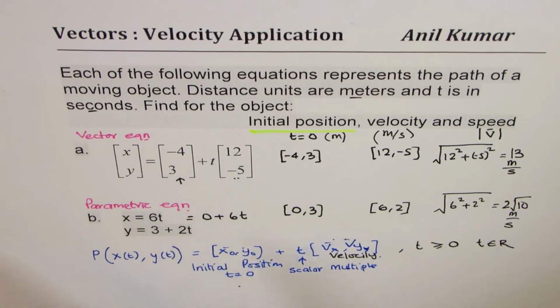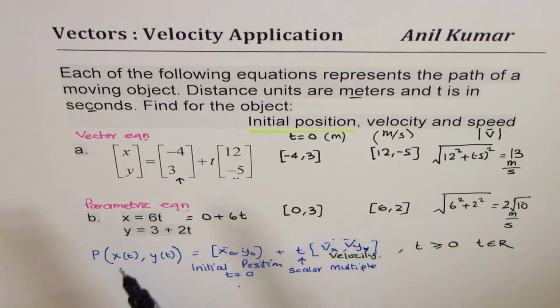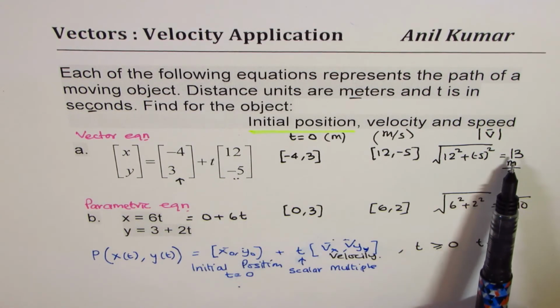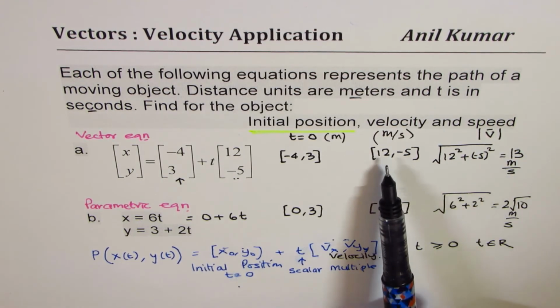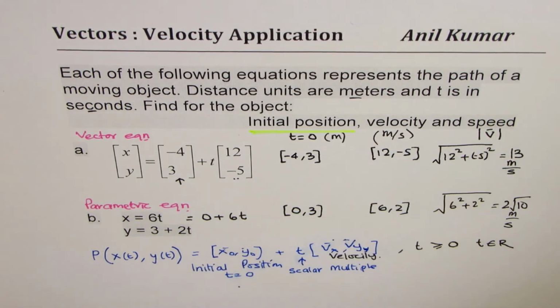Now in the following examples we will say, if the speed is 13 meters per second and the direction is something like this, then what is the velocity vector, right? So that will be your question in the next video. Let me write down the question for you.